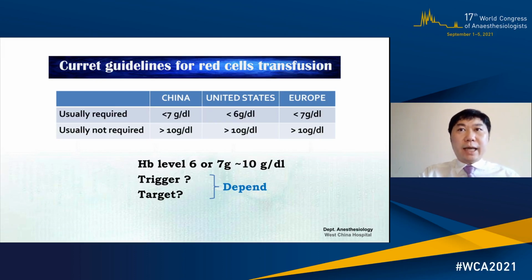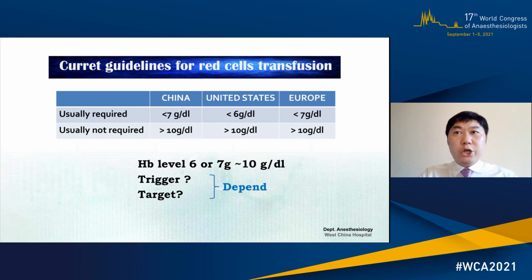Current transfusion guidelines in different countries or areas all suggest a restrictive strategy, that red cells are usually not required when hemoglobin level is not less than 10 grams per deciliter, and usually required when this level is less than 7 in China and Europe and 6 grams per deciliter in the United States.